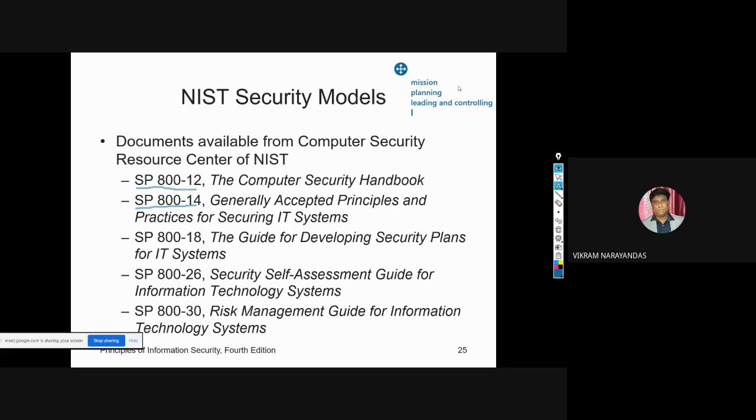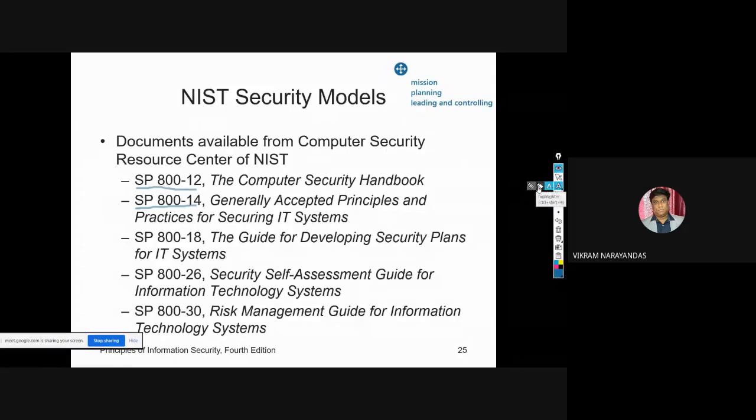This special publication 800-14 assumes that external systems are insecure. In this we can see up to 33 different principles in Special Publication 800-14, Generally Accepted Principles and Practices for Securing IT Systems.